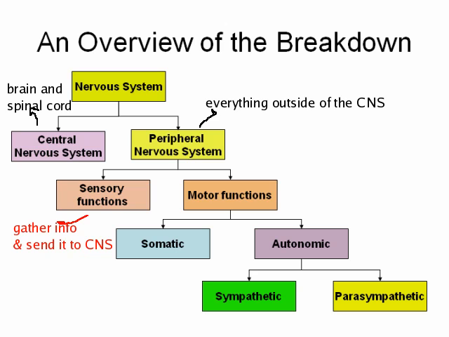Whereas the motor function is going to carry out response from the central nervous system. So the motor division of the peripheral nervous system will receive instructions from the central nervous system and respond appropriately.